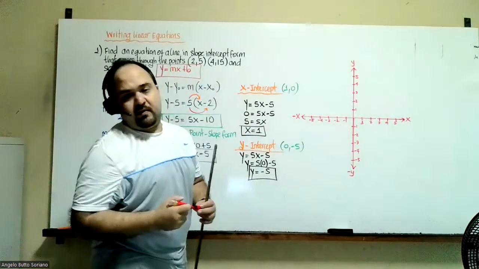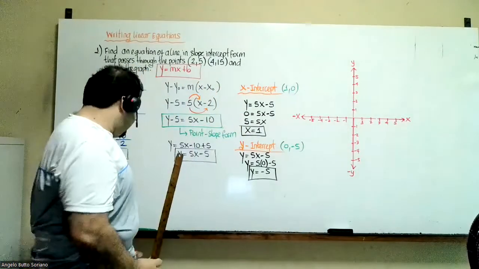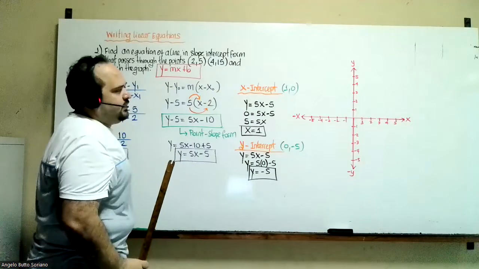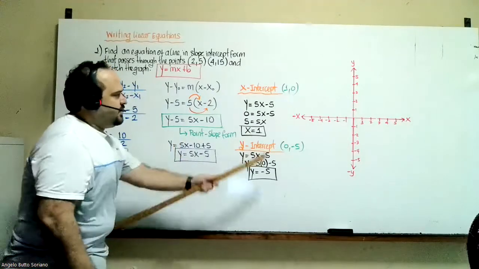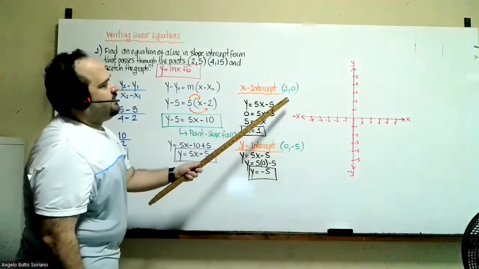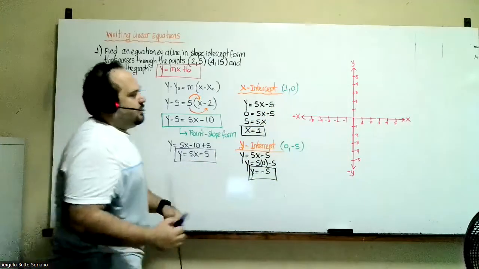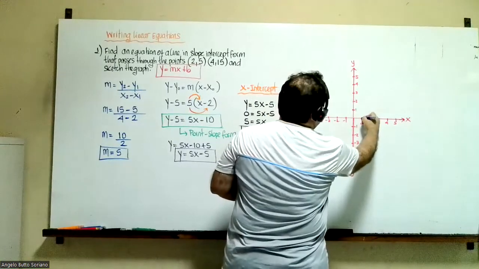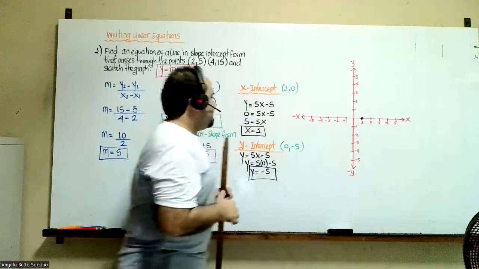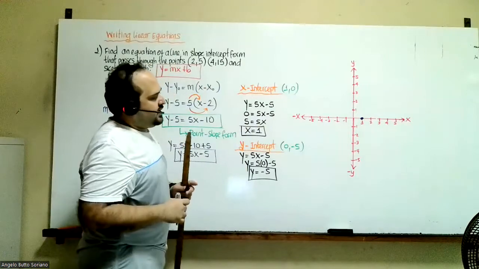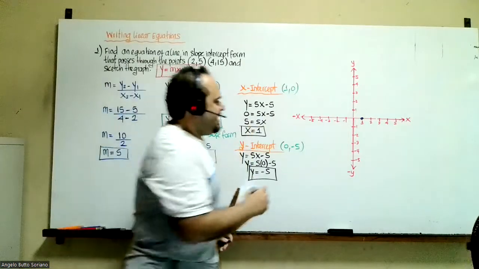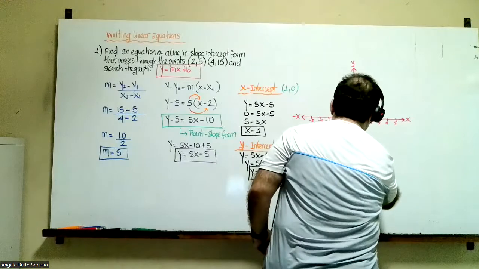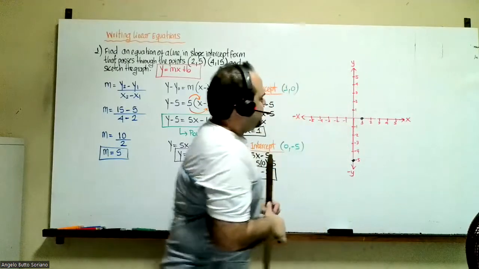Now we are creating the coordinate plane. Now this is the moment of truth. Let's sketch the graph. Remember, the first intercept is given by (1, 0), which touches the x-axis. And the second point is given by (0, -5).